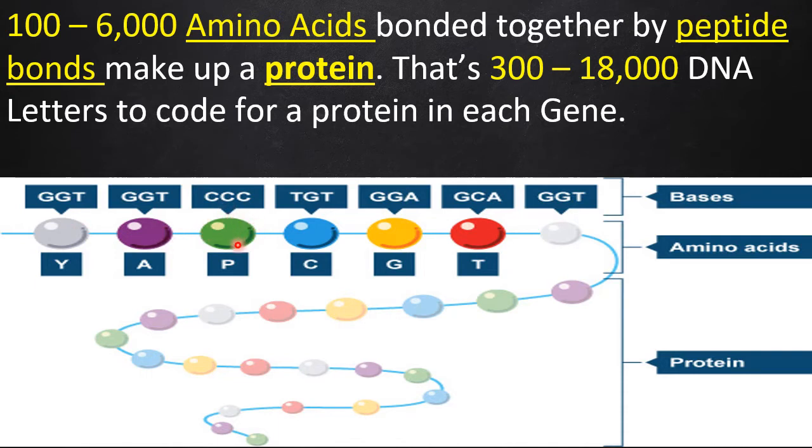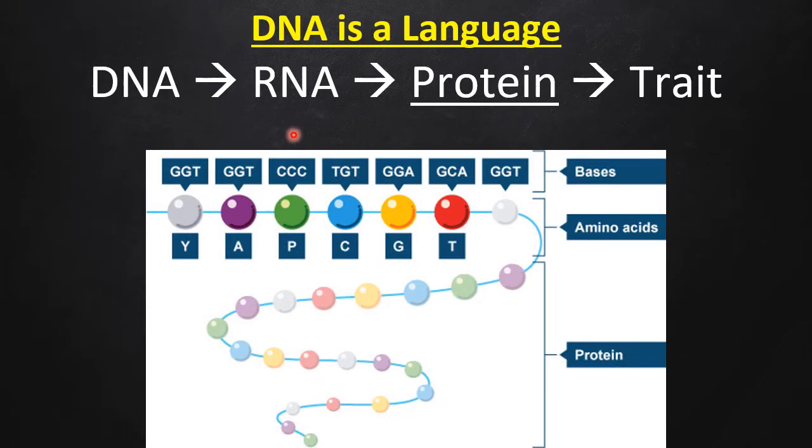CCC coding for this one, and you'd have about 100 to 6,000 bonded together by peptide bonds, all to make a protein. DNA, RNA, protein, trait.